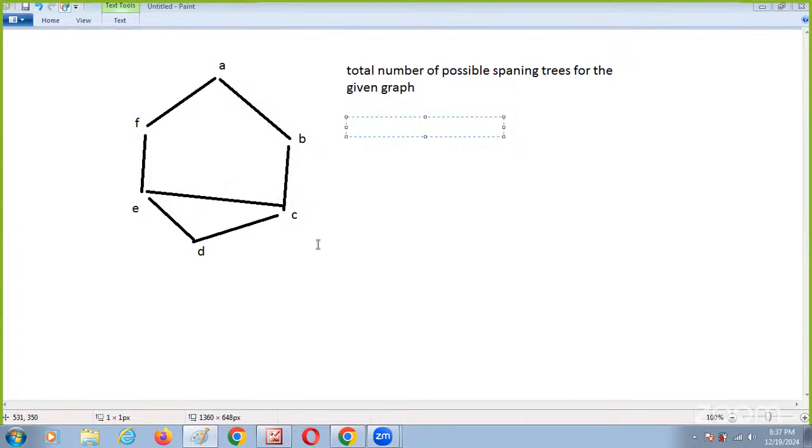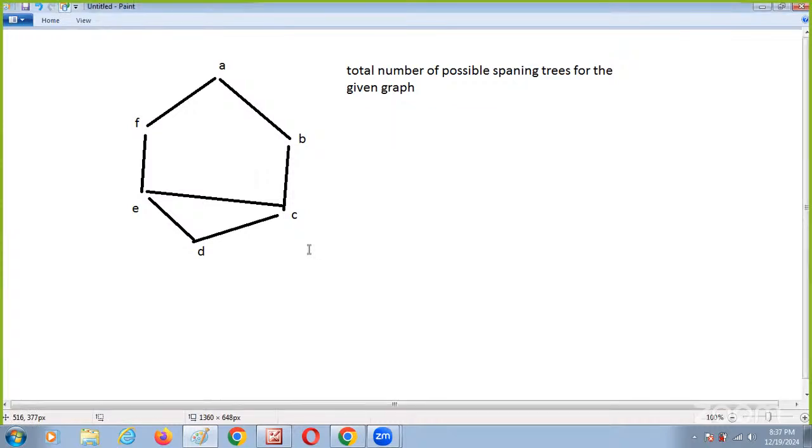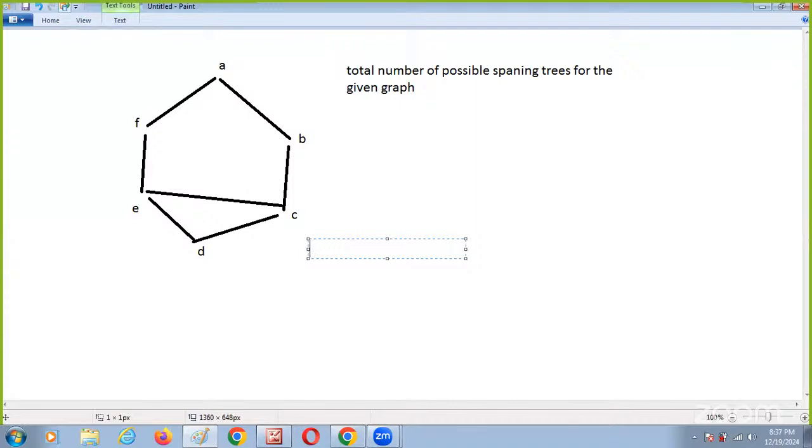Total number of edges equal to 7, and number of vertices is equal to 6, and number of cycles equal to 2 cycles.